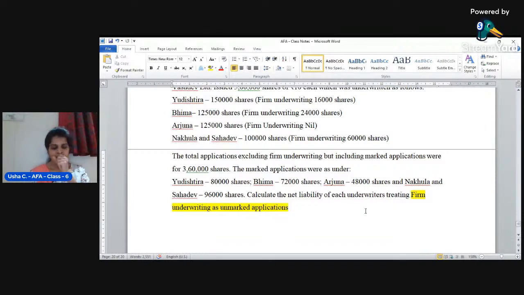Now we'll calculate the net liability of the underwriter, the total liability of the underwriter, by considering all this information. Let us solve this quickly.